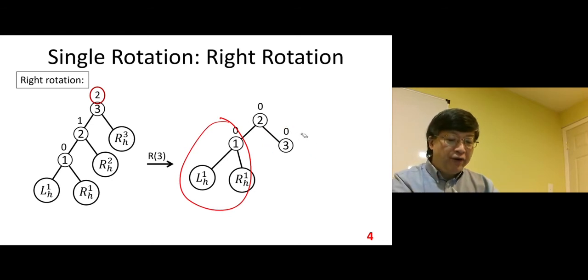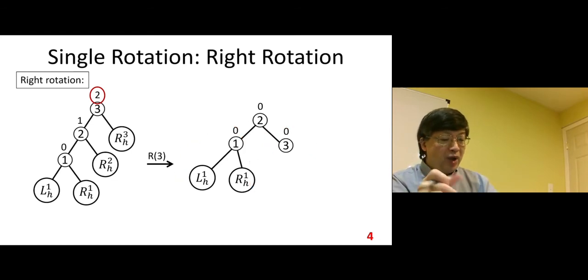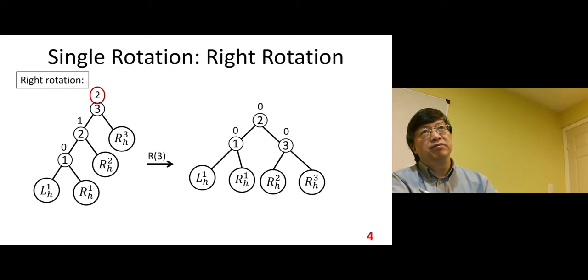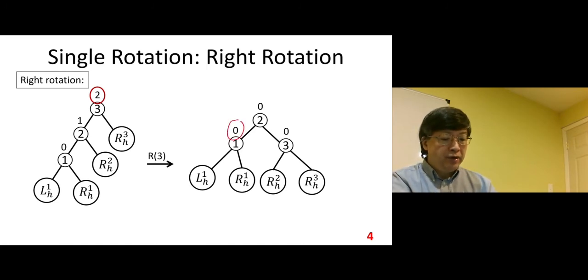For node 3, we arrange the subtrees in a new way: its right subtree stays the same, but its left subtree takes the original right subtree of node 2. Under this arrangement, the balance structure is recovered with new balance factors 0, 0, 0.